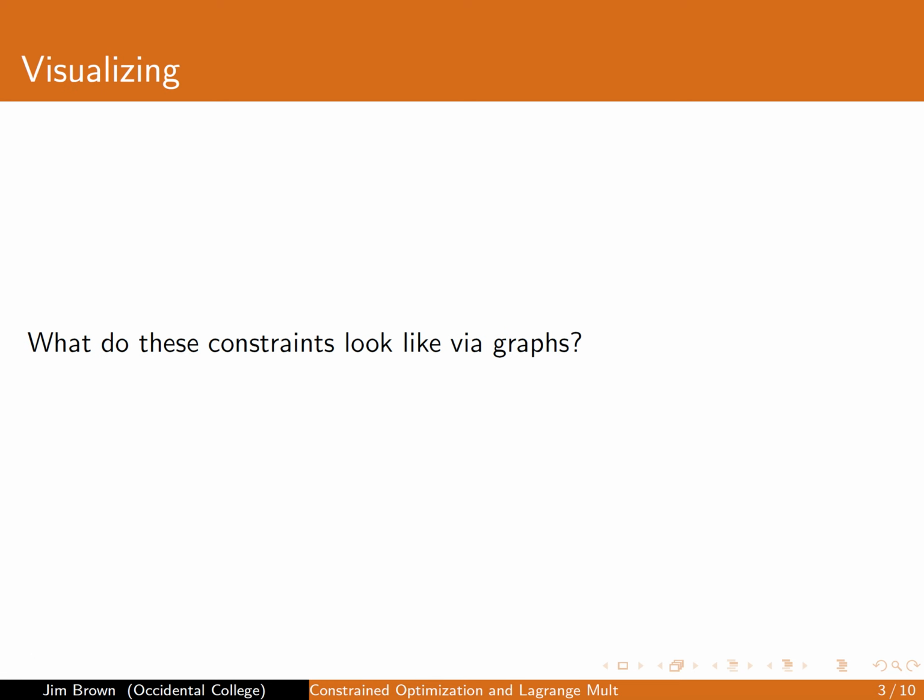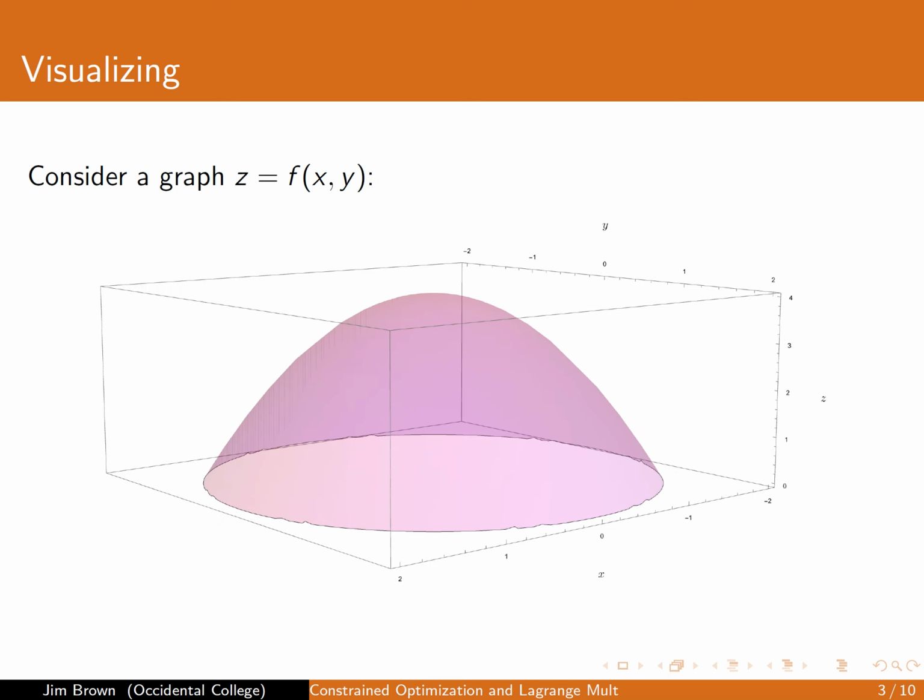Let's think about what these constraints look like when we look at the graphs of these functions. This will help us visualize what's going on. Here's a typical example of a function z is equal to f of x y, this surface here in pink. Obviously our absolute maximum value is up at the top.